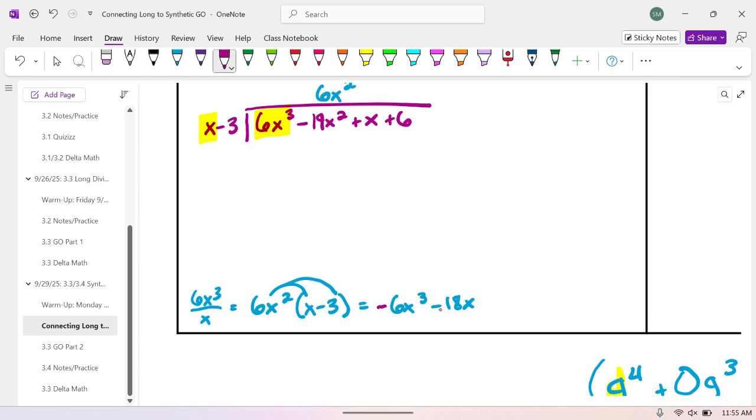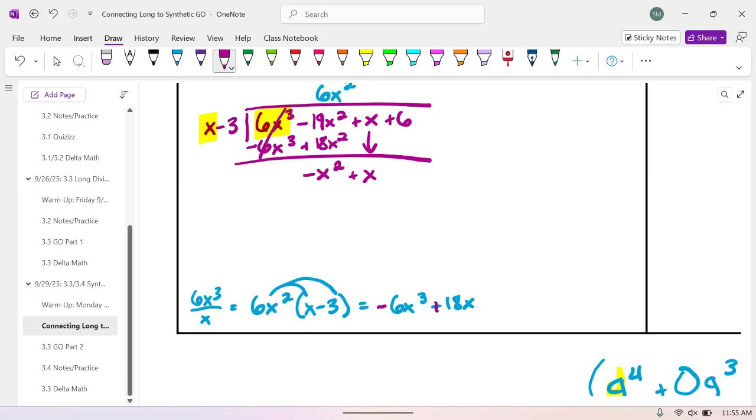So I got to make this positive, this negative. So then what happens, Leslie? What am I left with? Good. And then we just bring down the plus x. All right, Leslie, pick someone to continue.